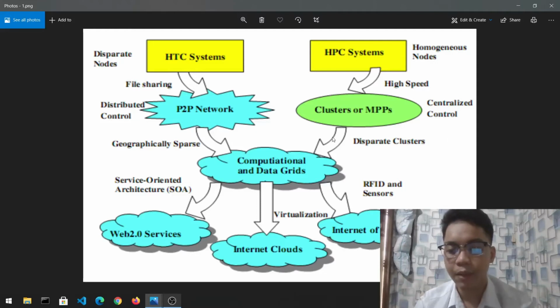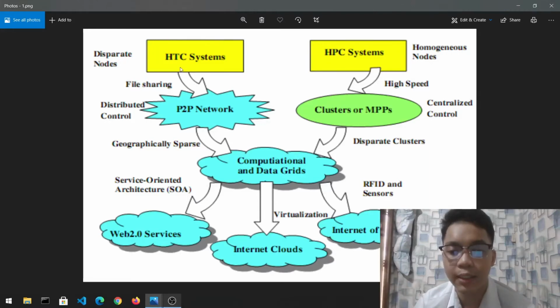The cluster of MPPs is inside of a computational and data grid, which handles the computation and the data processing. The computational and data grids work together to supply the needs of software, which are Web 2.0 services or any service-oriented architecture, Internet of Clouds or virtualization, and Internet of Things like RFID and sensors.